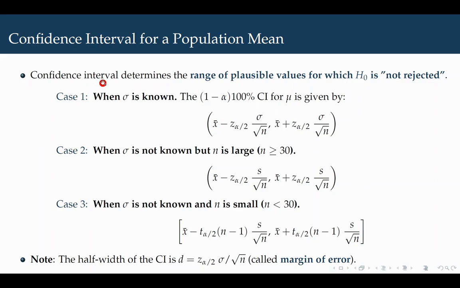So a confidence interval determines the range of plausible values for which the null hypothesis H0 is not rejected. So here we are going to consider a certain range of values for which the assumed population mean is expected to lie with a certain degree of confidence.